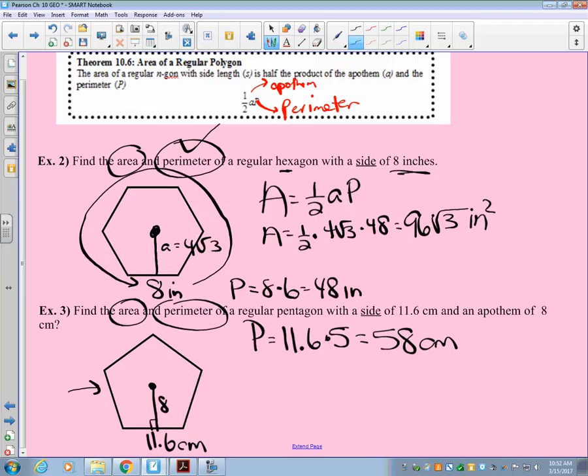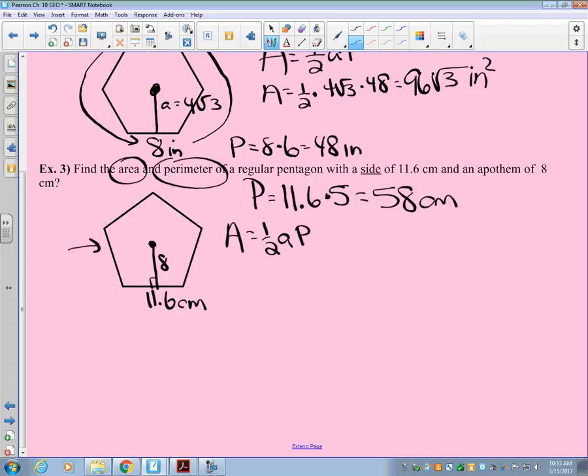My turn. The area is equal to 1/2 app. On your test, if you use a formula, please put that formula down so I know what formula you're using. On test corrections, too. Write it before you start plugging stuff in.